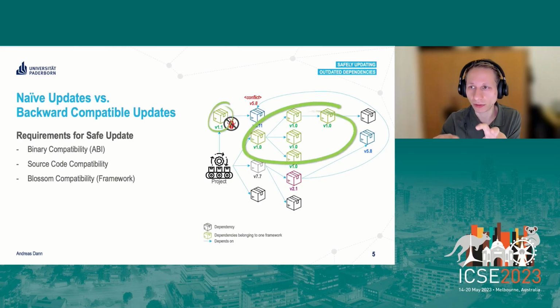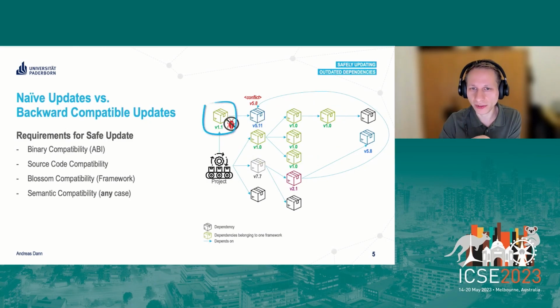And we have here dependencies belonging to the framework, and often these framework dependencies need to be updated consistently. For some frameworks, they need to have the same version to work flawlessly together. And in all cases, the updated package needs to be semantically compatible, so that the runtime semantics of the API that this package provides does not change and does not break the runtime semantics of the application.